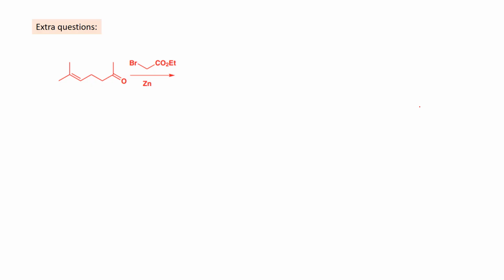What will happen in this case? First, zinc will incorporate into this species and give us an alpha zinc bromo species.